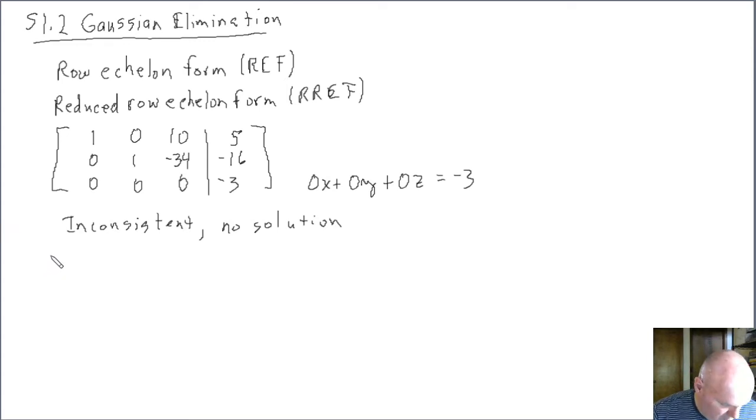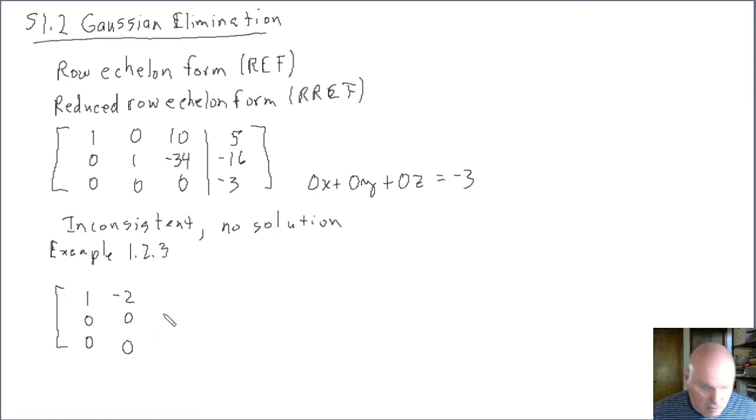Okay, let me again flip back to the whiteboard and copy down this last matrix. So this is example 1.2.3, and we got this result: 1, 0, 0, minus 2, 0, 2; 0, 1, 0, 1 minus 2 and 0 ... 1, 0.